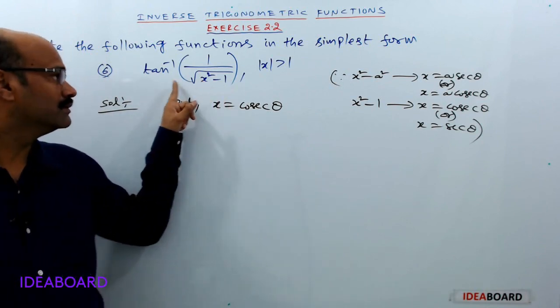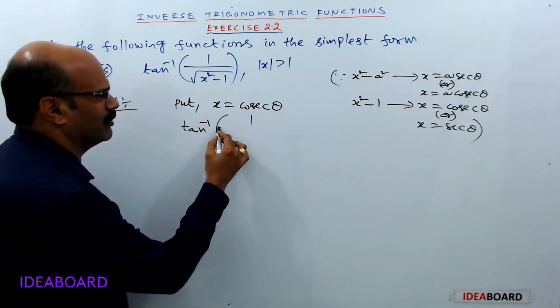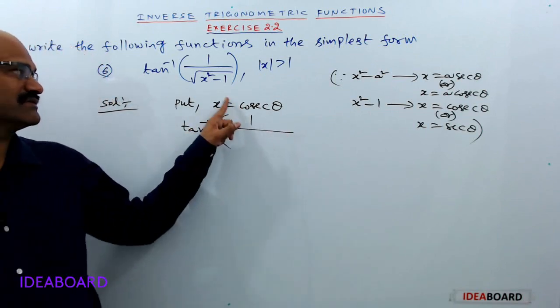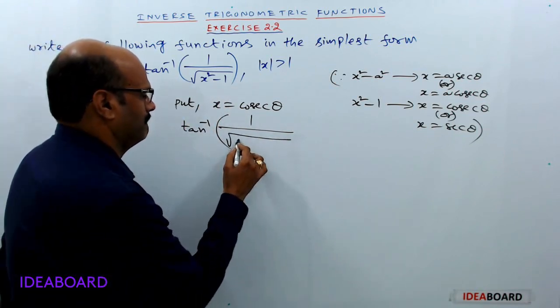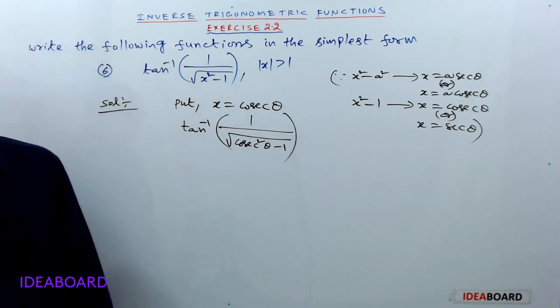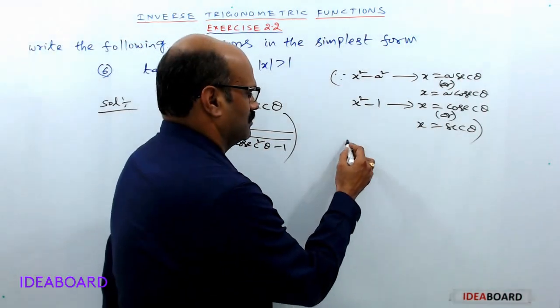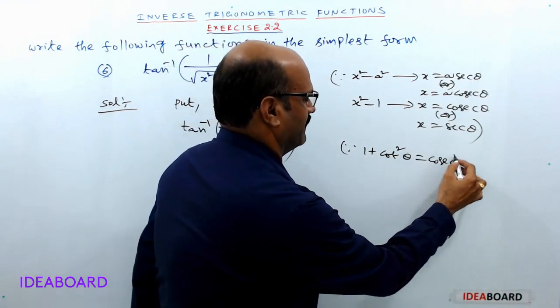Then it becomes tan inverse of 1 upon square root of cosecant square theta minus 1. 1 plus cot square theta equal to cosecant square theta.